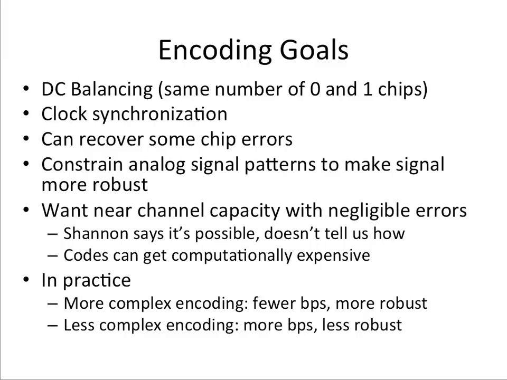For example, we're using Manchester encoding, and let's say there is no transition, then we sort of know that maybe there is something wrong, right? We want to constrain analog signal patterns to make the signal more robust, because the medium that we pick might transmit certain types of patterns more robustly than others. And there are some other goals that you can read about more.